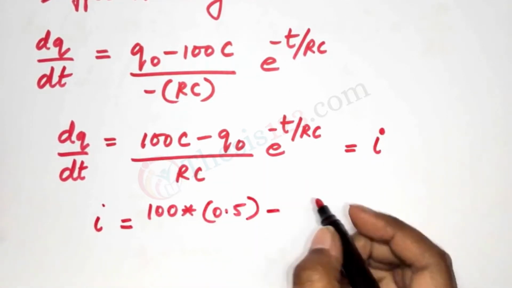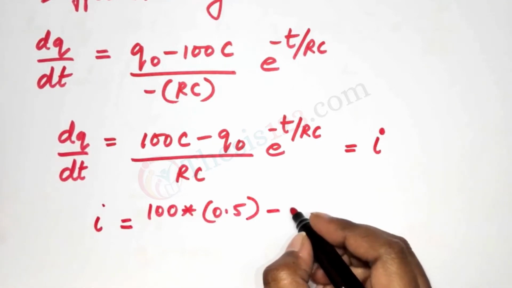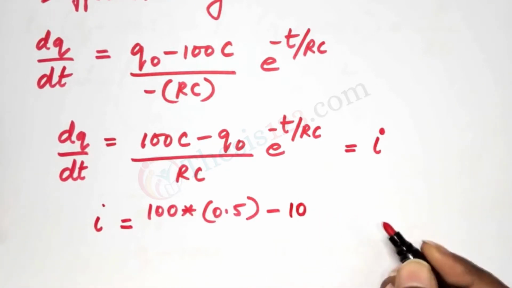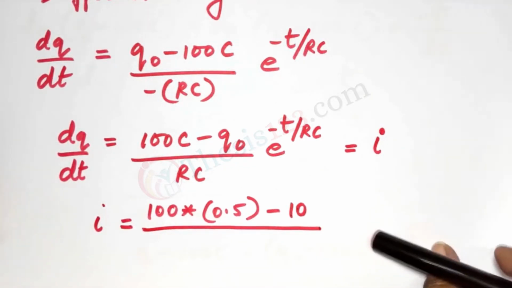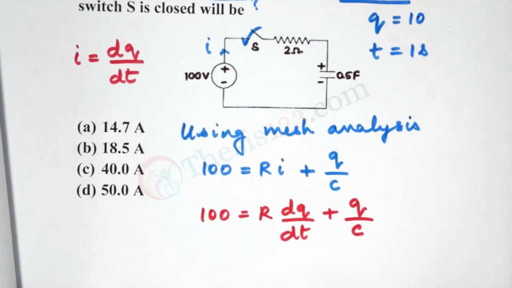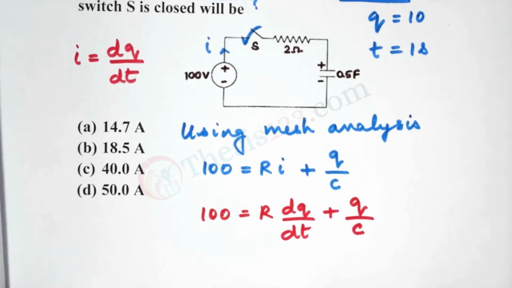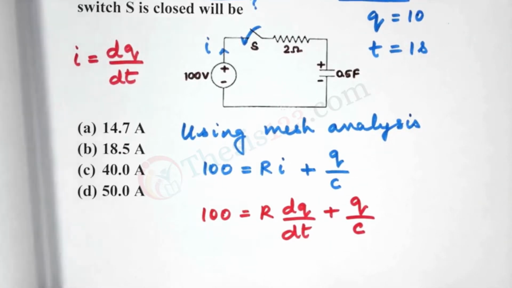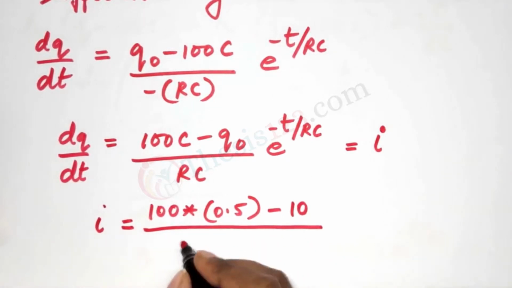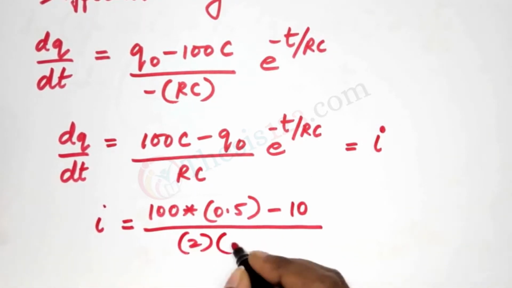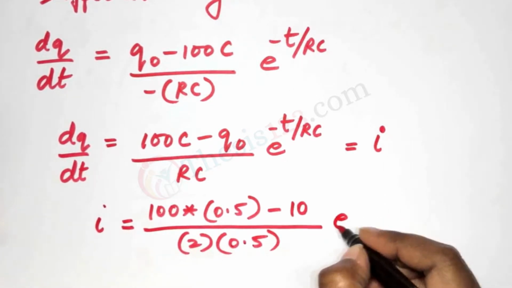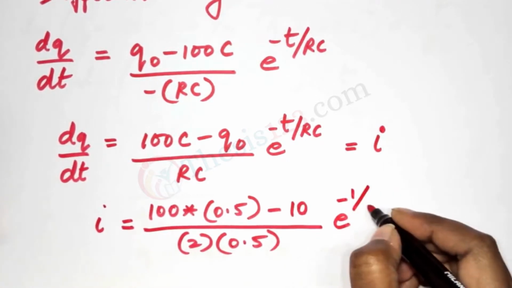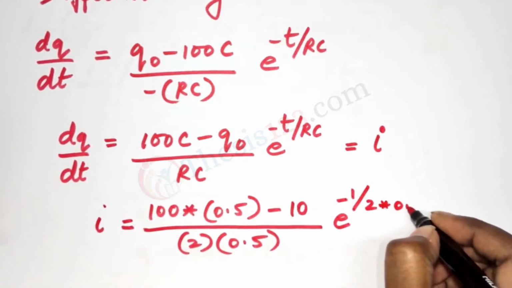0.5 minus, the initial charge given in the question was 10 coulomb, so that's 10 divided by, what was R? R is 2 ohms. 2 times 0.5. Now solving this, e to the power of minus 1 divided by 2 times 0.5.